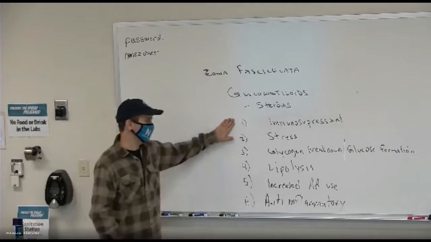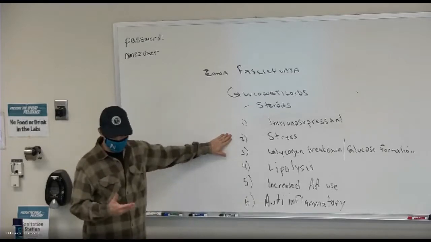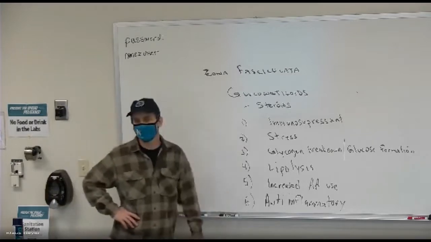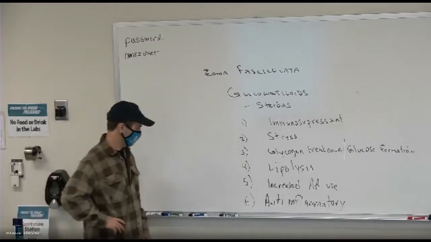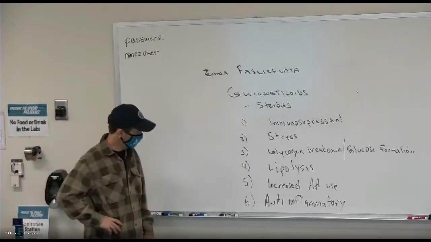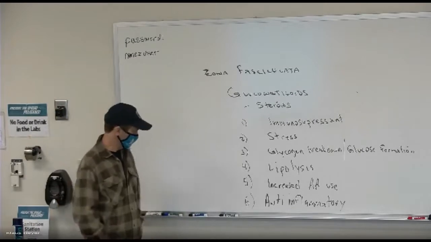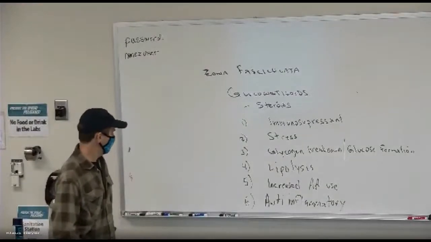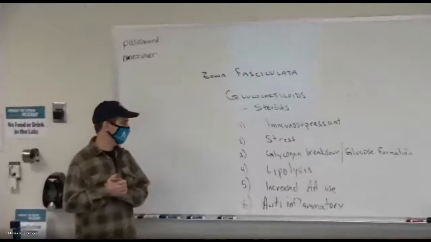So immunosuppressant in large doses. It helps you with mental stress and emotional stress and physical stress. And then it's anti-inflammatory. That's what steroids do. That's it from that zone. So that's that middle layer of the cortex.